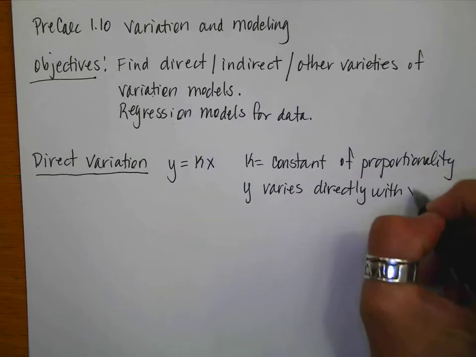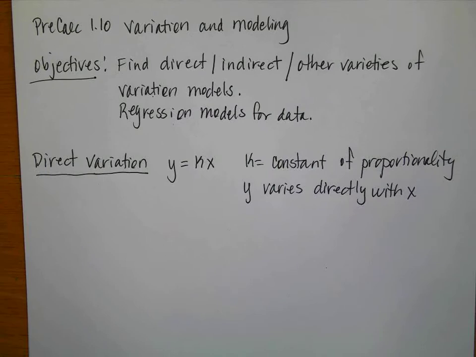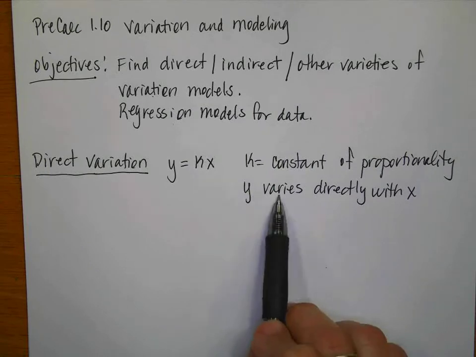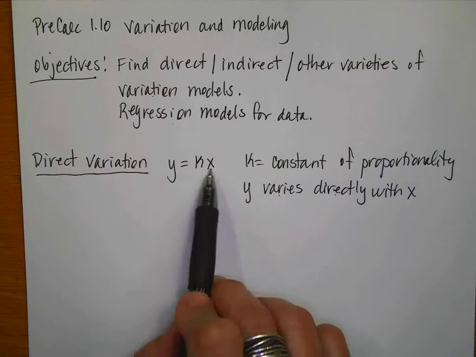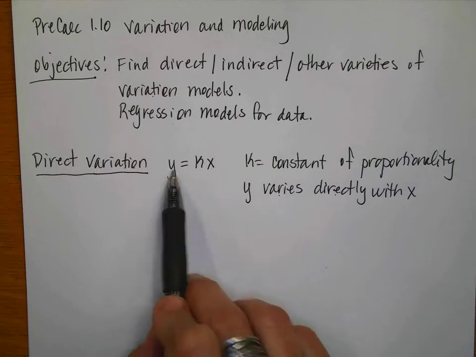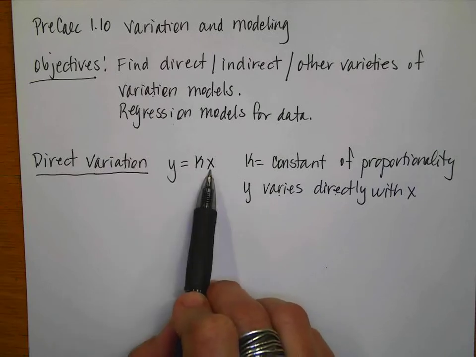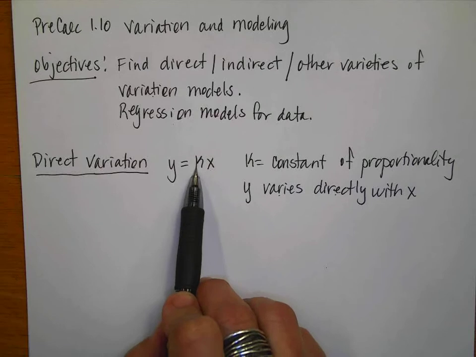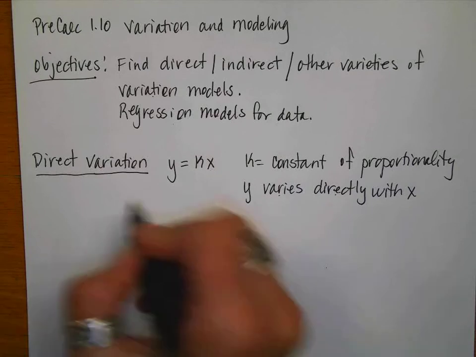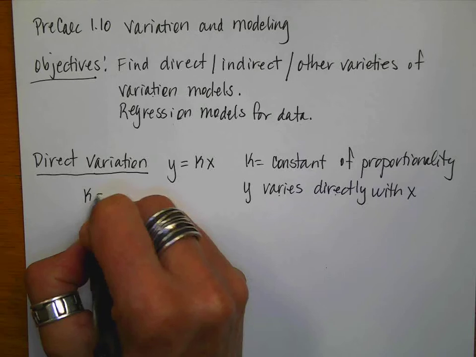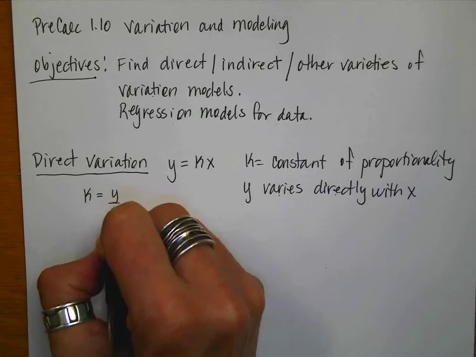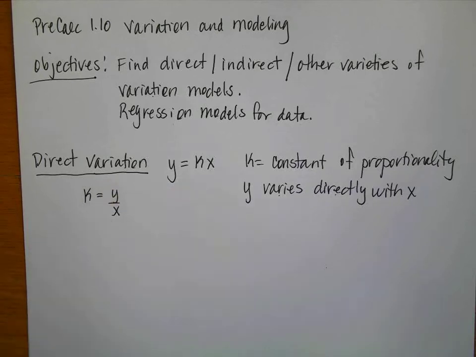with x, it's implied that as y varies directly, notice varies directly, the y and the x are on the same line, and k is always going to be generated. I can find k from the data because it's just going to be y divided by x.